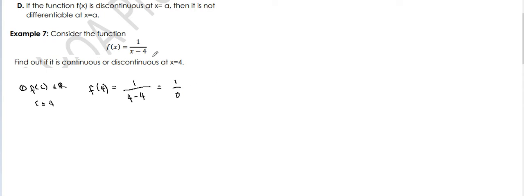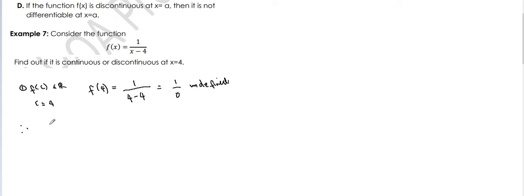And we know that 1 over 0 is undefined. So dito pa lang sa ating first condition, nag-undefined na siya, no? So that means hindi na continuous ang ating function. Kaya hindi natin isolve yung ating pangalawa at pangatlo, kasi ganoon din mangyayari, no?